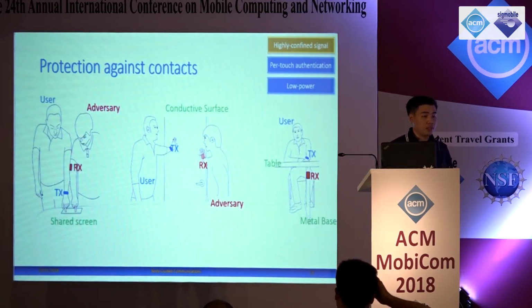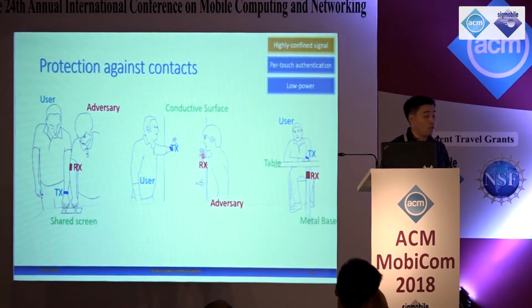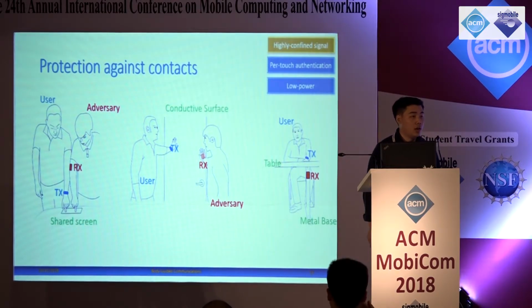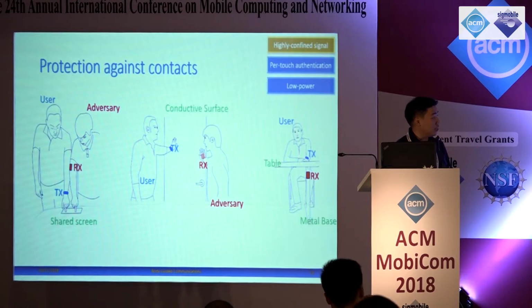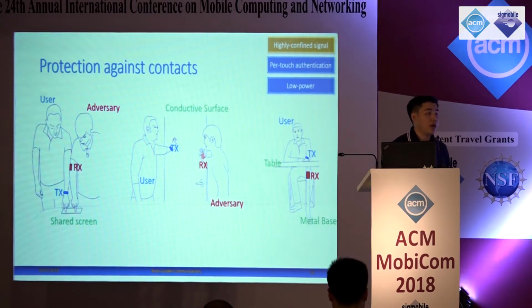We also consider other scenarios in which the adversary can eavesdrop on the body-guided communication. The first is direct skin contact, for example in a close collaboration setting. The second scenario is indirect contact through a conductive surface, for example two people leaning on the same metal door.